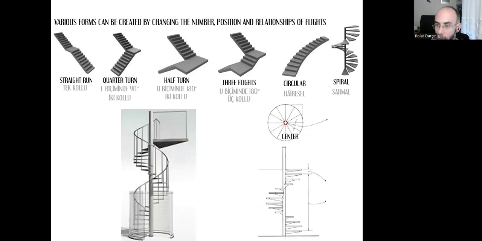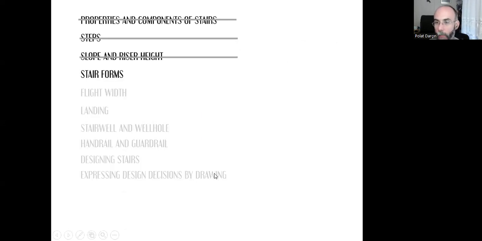Only one radius, which gives us the width of the flight. That's it. This center is also the endpoint of each step. These are the basic shapes that we can prefer, or we can, of course, design our own shapes. We don't need to pick one of them.